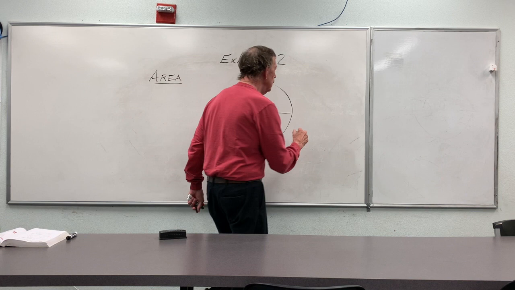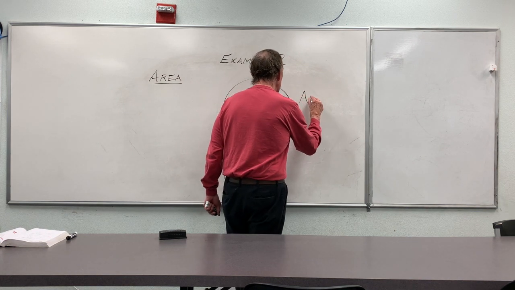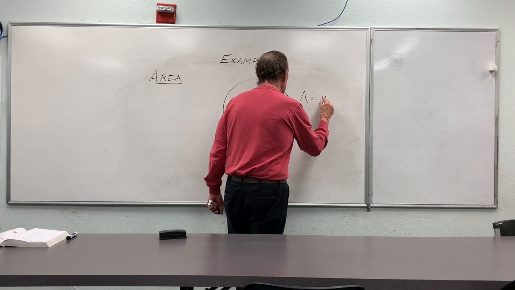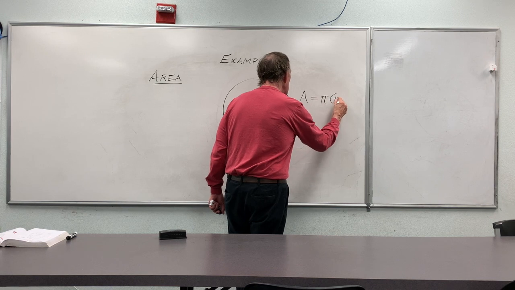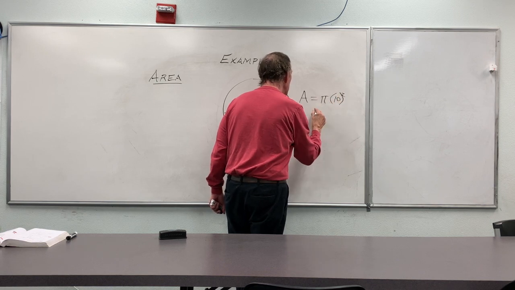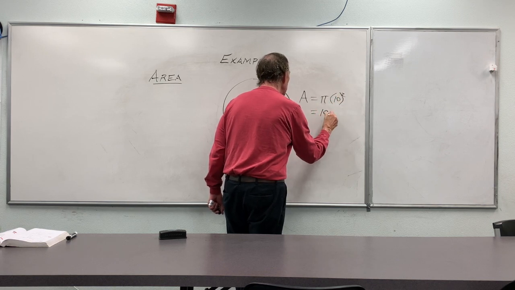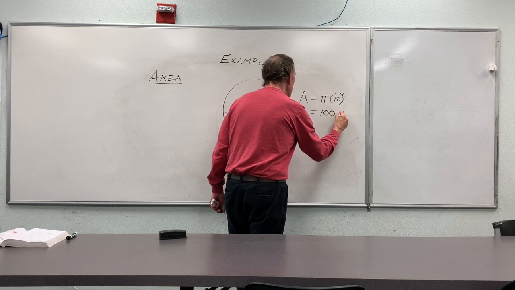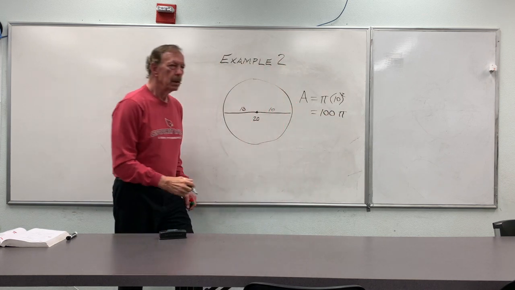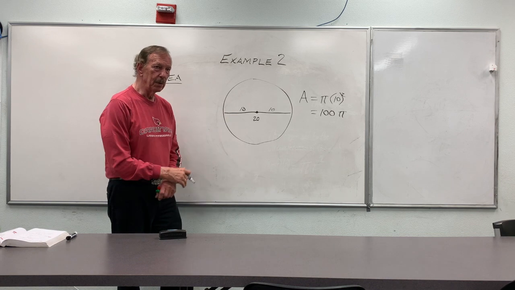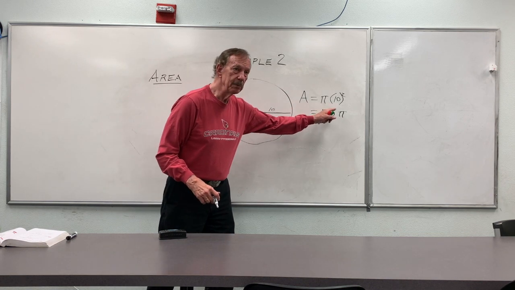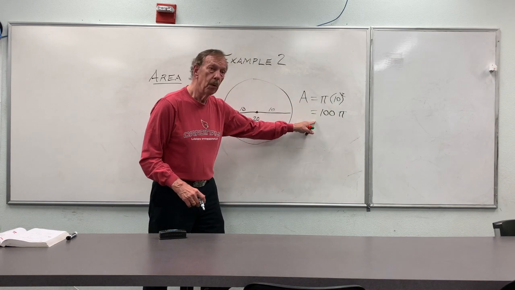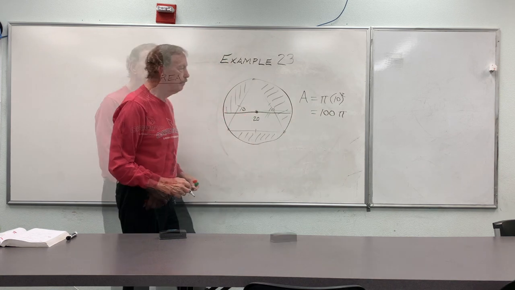So the area of the circle would be pi times the radius squared, or 100 pi.